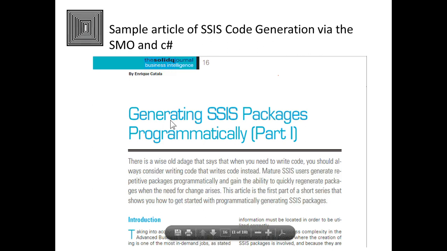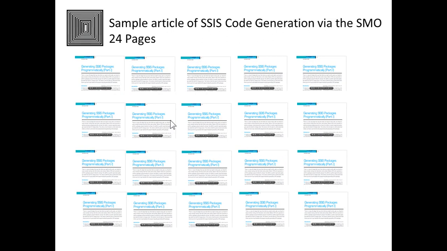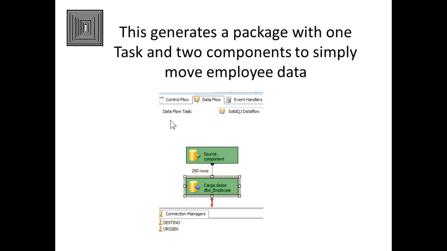However, even for this basic process, in this case Enrique is using the stock system management object and C#. It's 24 pages long in order to accomplish, in essence, the creation of two components within a data flow within one control flow. So in this case, we're copying 290 rows of data across and creating a section of the employee table.